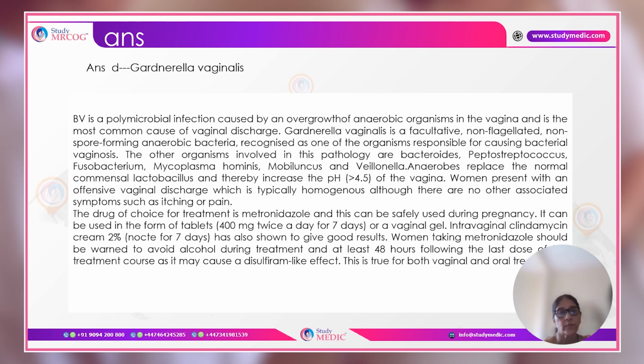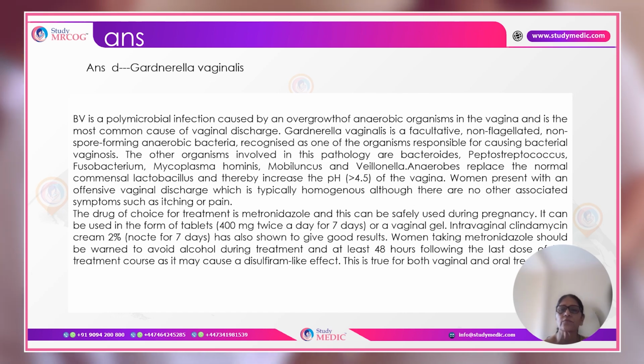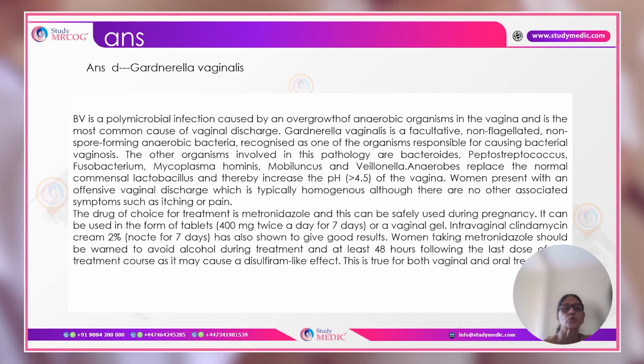Important thing to remember is that anybody who is consuming alcohol, you have to tell them to avoid alcohol, as you can have a disulfiram-like effect. If metronidazole is contraindicated for any reason, then you can offer intravaginal clindamycin. That has also been shown to give good results.